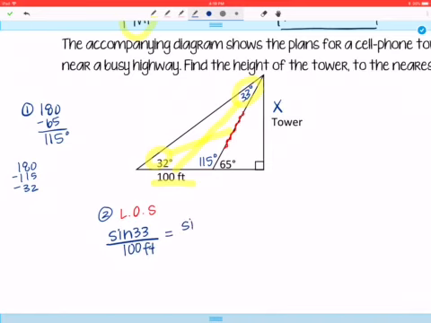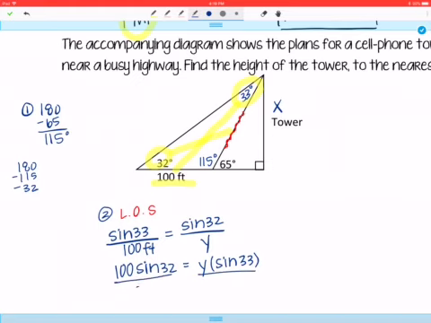So using law of sines, we would say the sine of 33 degrees over 100 feet is the same as the sine of 32 degrees over the missing side. Cross multiply: 100 times the sine of 32 equals y times the sine of 33. Then we're going to divide by the sine of 33.